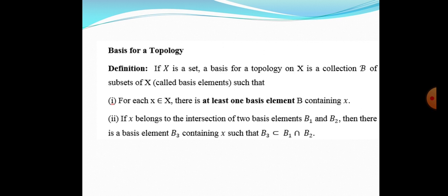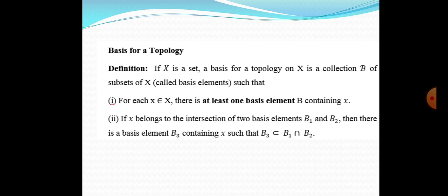What is the first condition? If small x belongs to capital X, this capital X is a set. This script B is a basis. This capital B is a basis element.